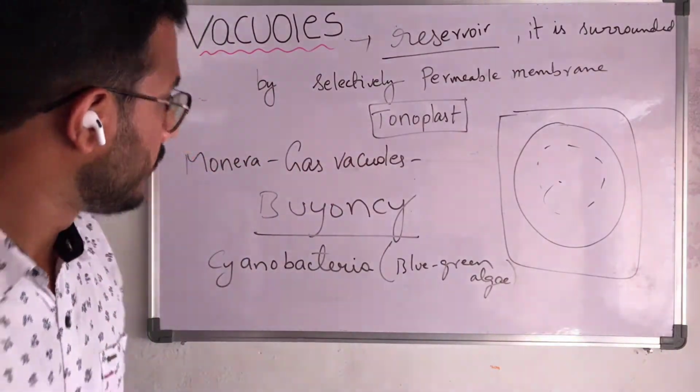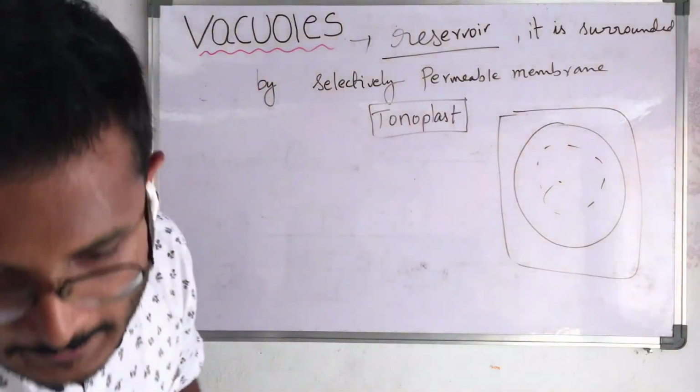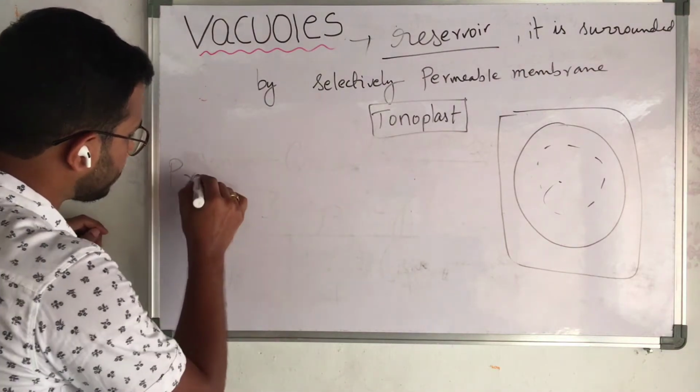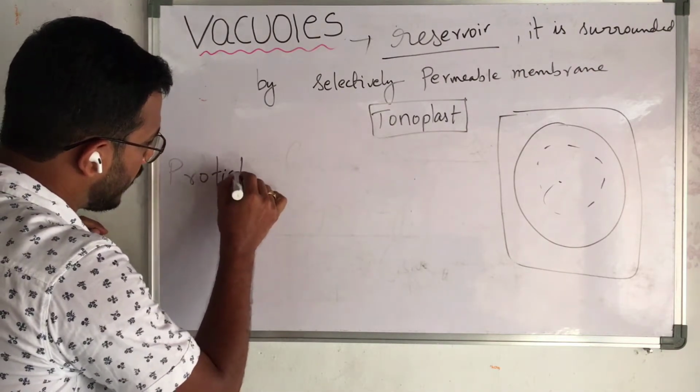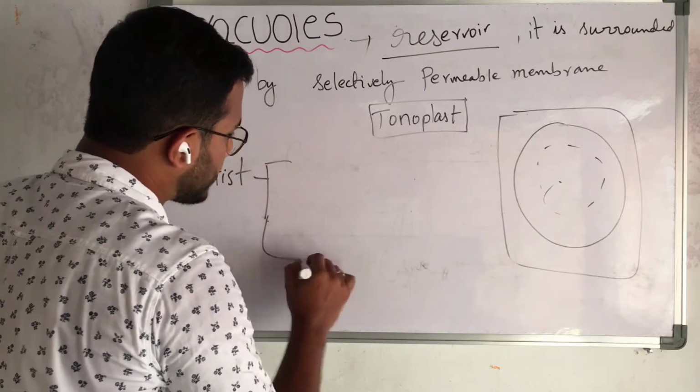Going to the next type of vacuoles. In protists, kingdom Protista, we can see two types of vacuoles.